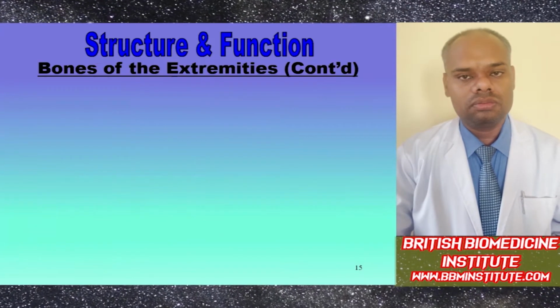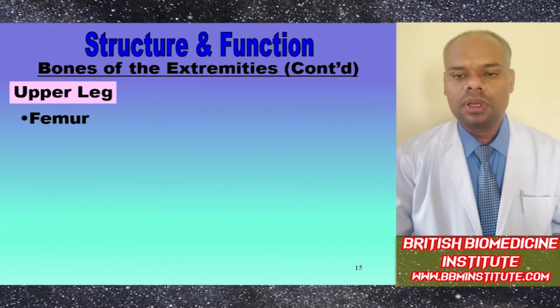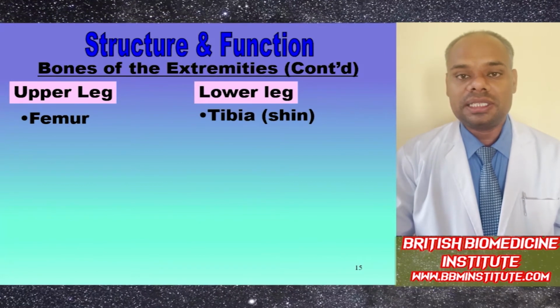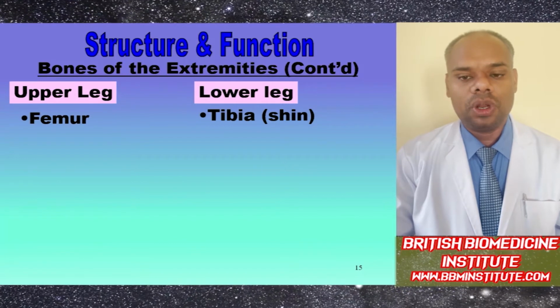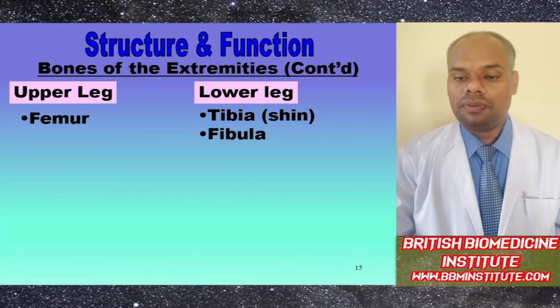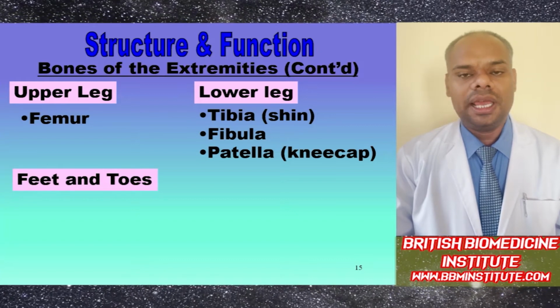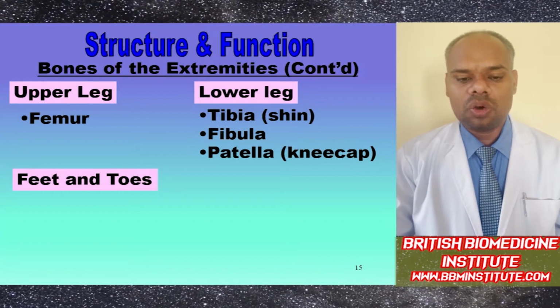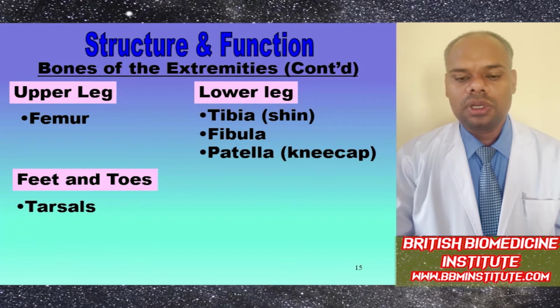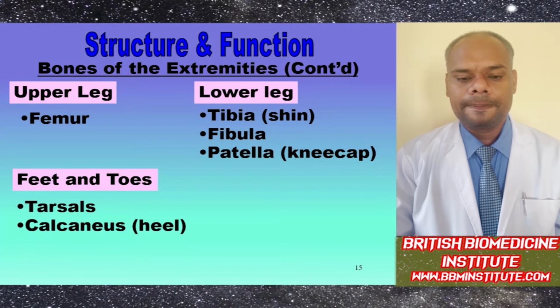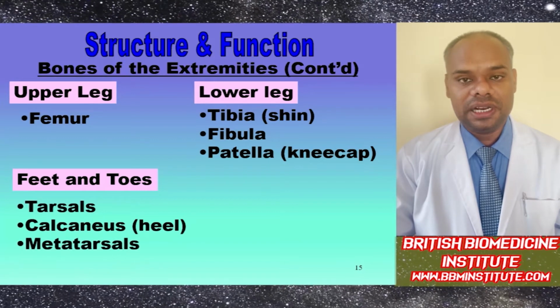The upper leg consists of the femur, the lower leg consists of the tibia, also known as the shin, and the fibula. For the kneecap, there is the patella. The foot and toe consist of the tarsals, the calcaneus in the heel part, metatarsals and phalanges.